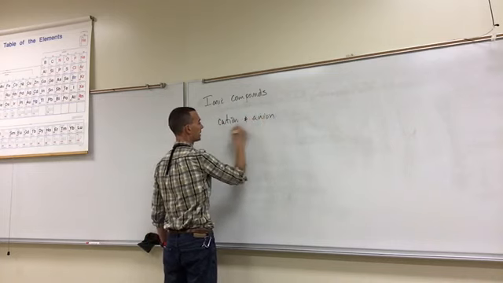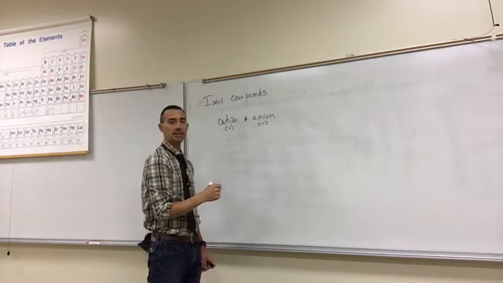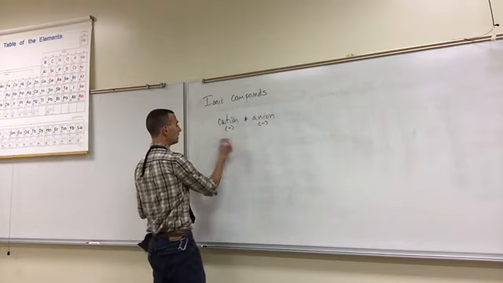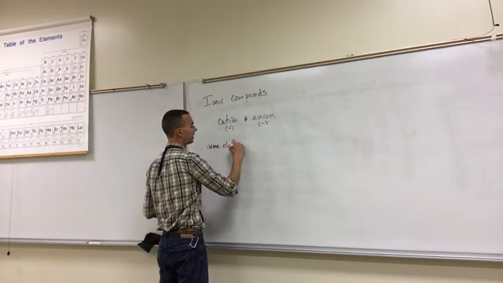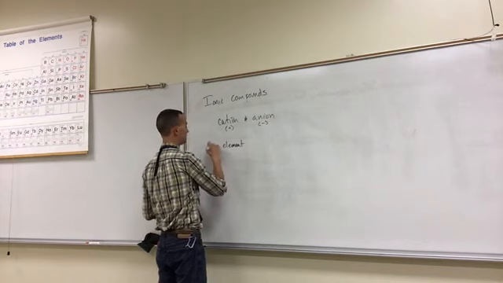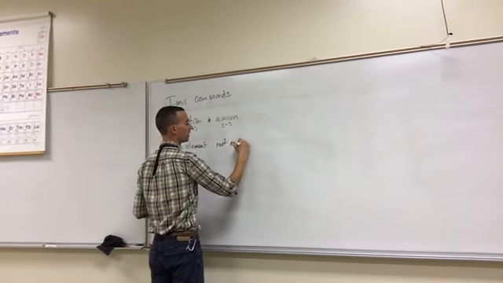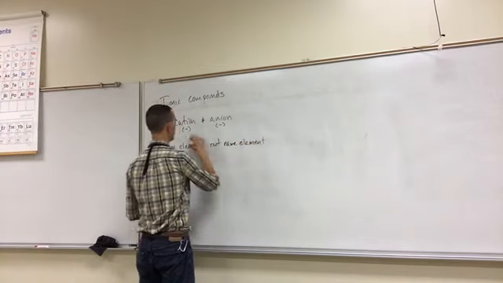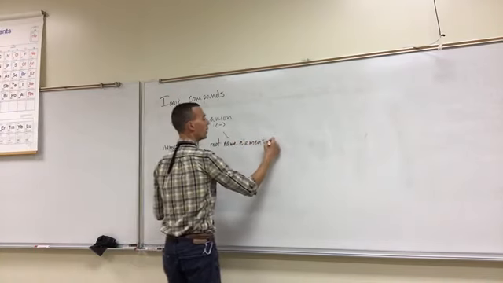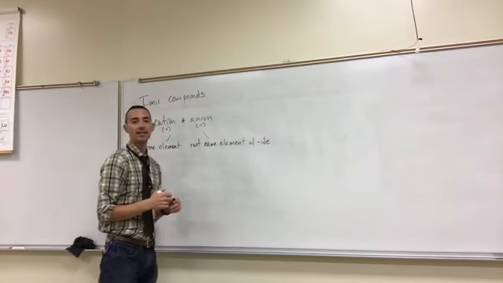The cation is the positively charged ion, and the anion is the negatively charged ion. So we simply name the element of the cation, and then we use the root name of the element for the anion, with the suffix -ide.